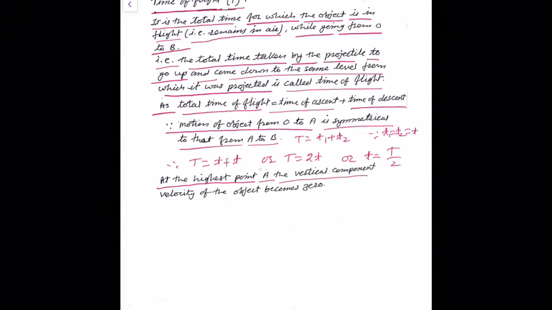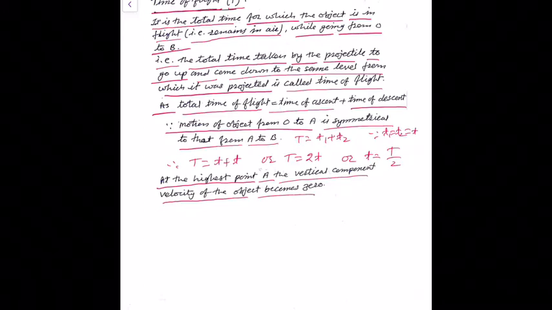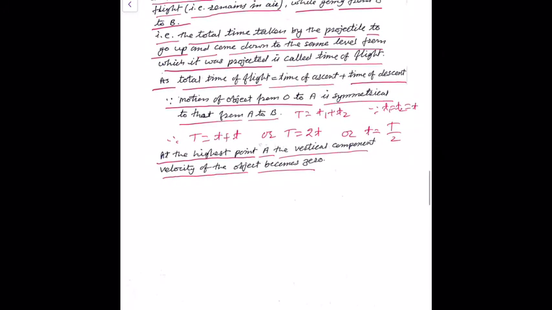At the highest point A, the vertical component of velocity of the object becomes 0.